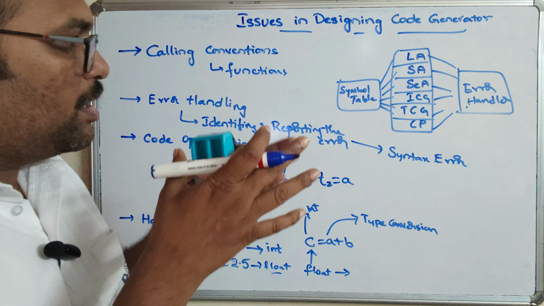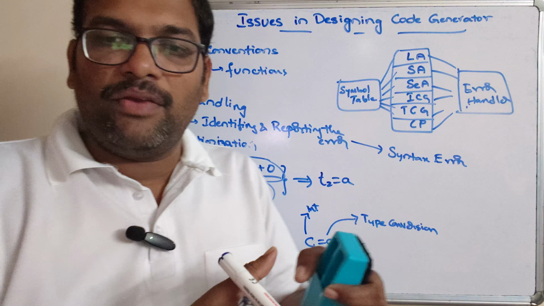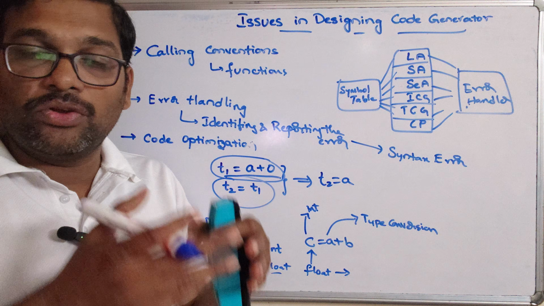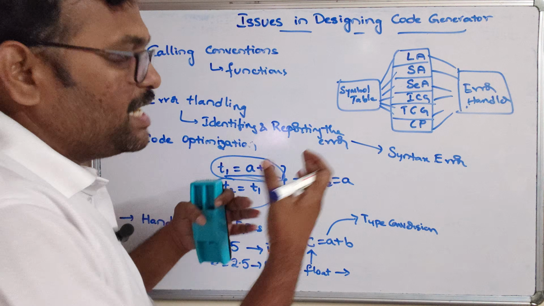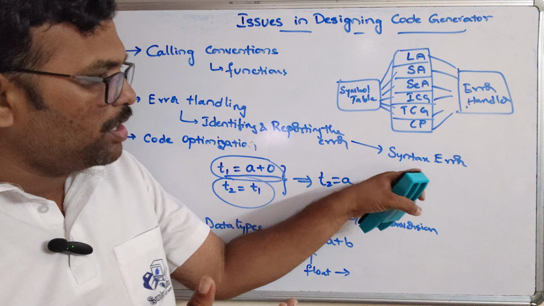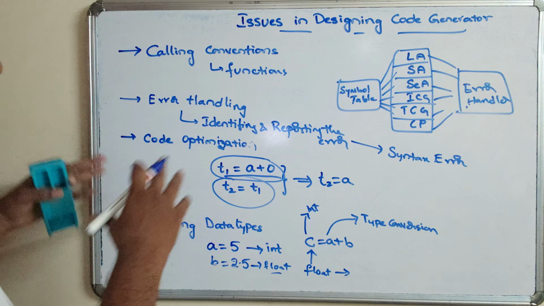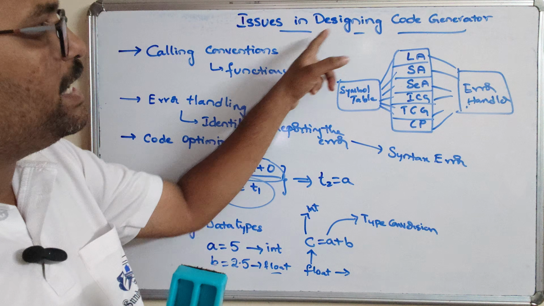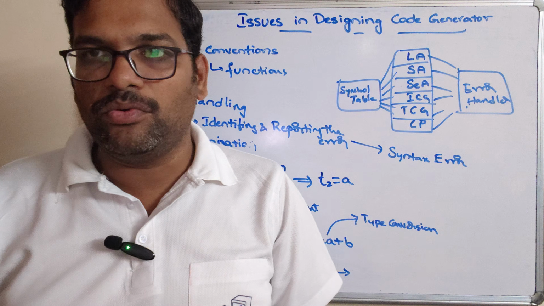So whenever the code was not written properly, then immediately the syntax error will be raised. Okay, the error will be raised and that will be called a syntax error. So all these are the issues that need to be concentrated on while generating the target code.